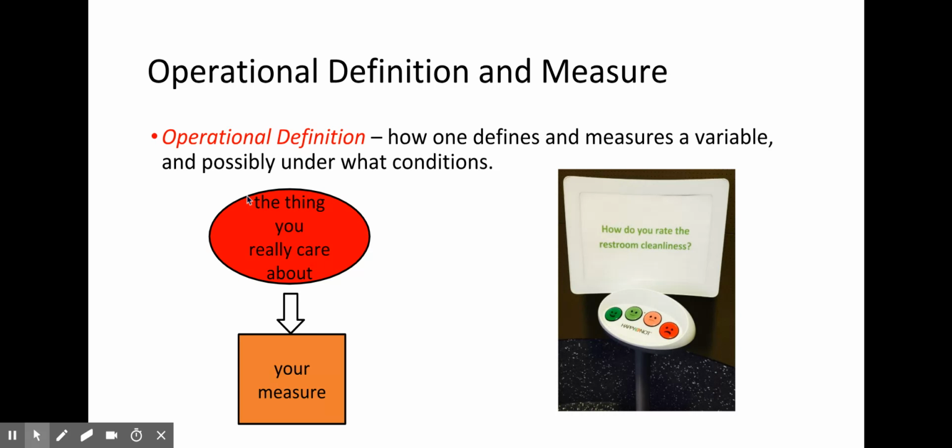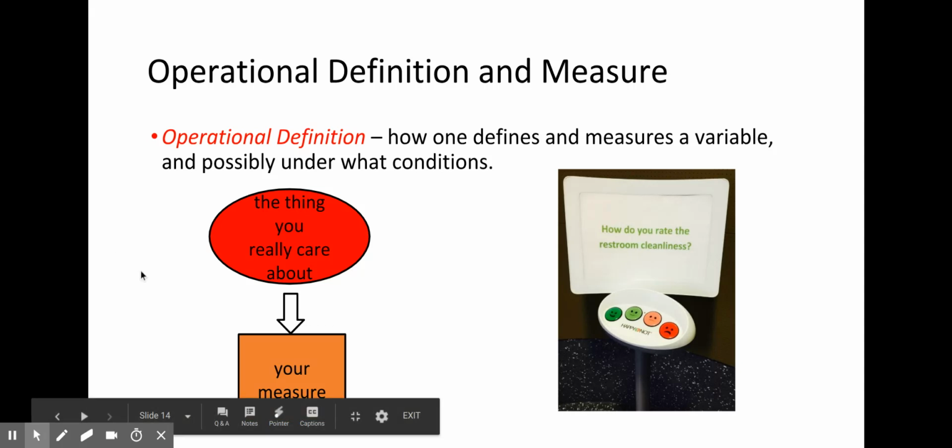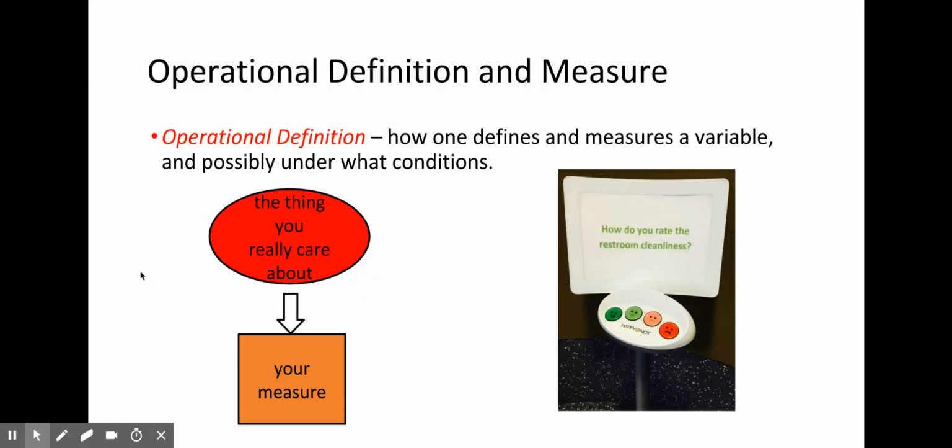To run a quantitative analysis, we have to change that construct into a number, right? So to do it, we need to operationally define it. We call it what? Measure. The score, the data, the number that comes out, the measure is data. Are you with me?